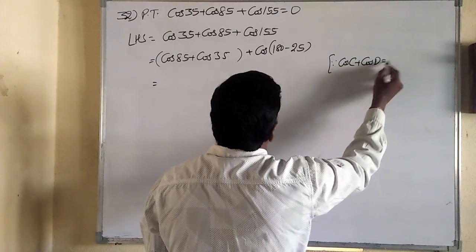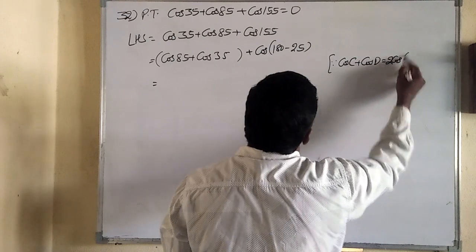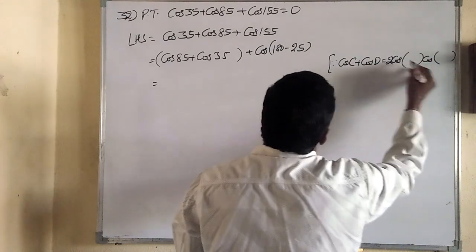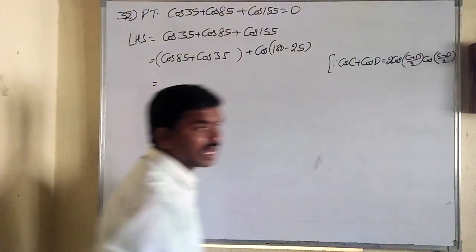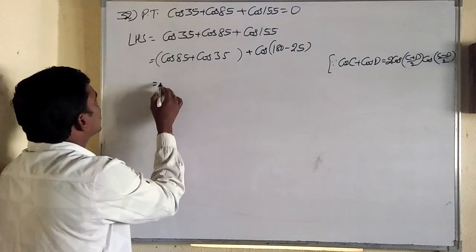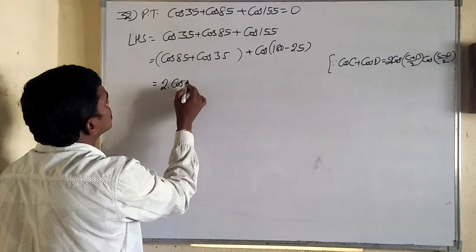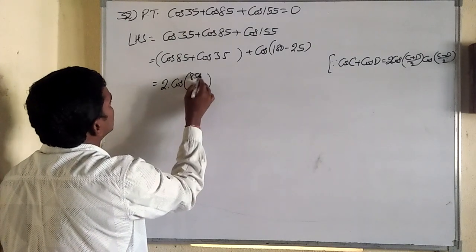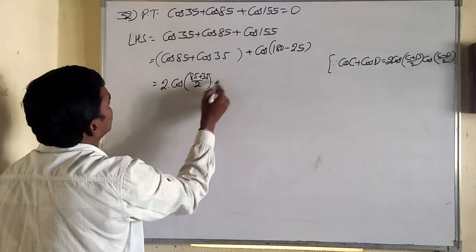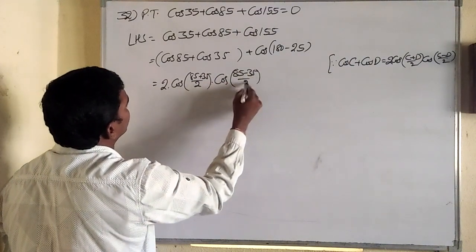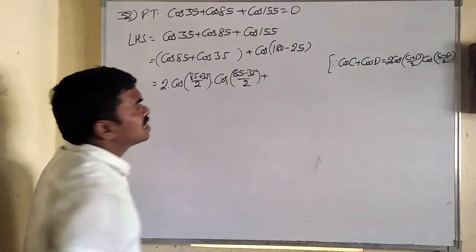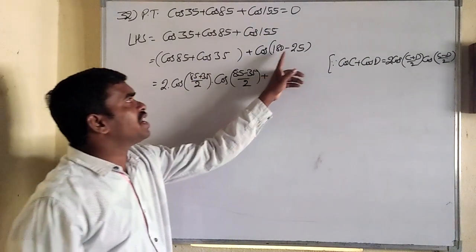The third formula: 2 cos of C plus D by 2 into cos of C minus D by 2. I told these formulas at the start. So we write 2 into cos of (85 plus 35) by 2 into cos of (85 minus 35) by 2, plus cos of 180 minus 25.